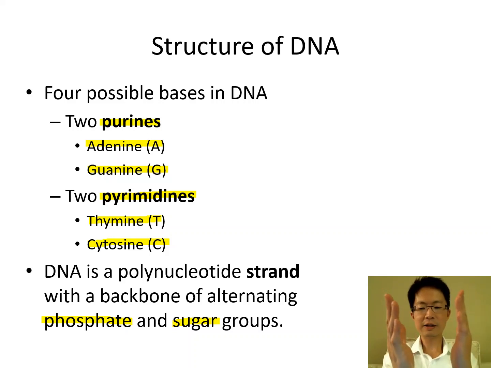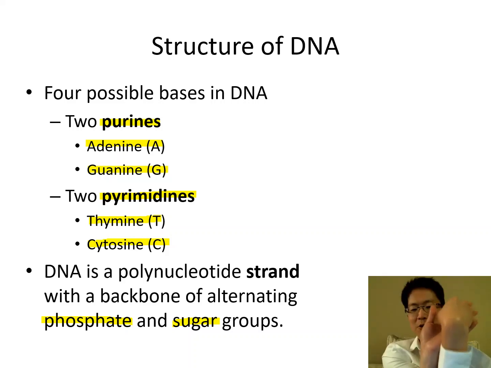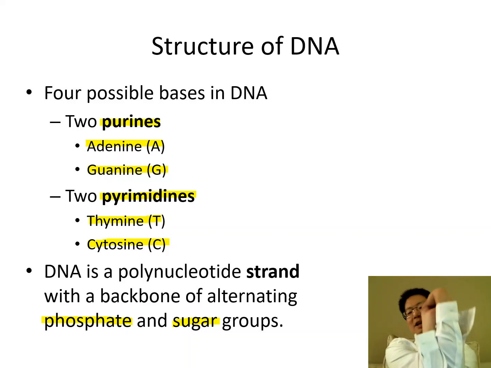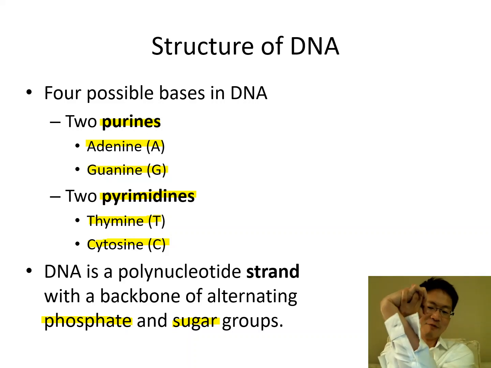So as you can see, the two sugar phosphate backbones are parallel to each other, and you have the nitrogenous bases in between, forming a ladder structure. And then this ladder structure will twist, like this. So it's like a double helix. So I hope you understand this part. My poor demonstration. Okay.